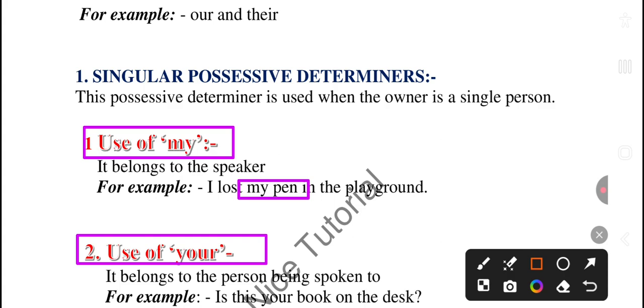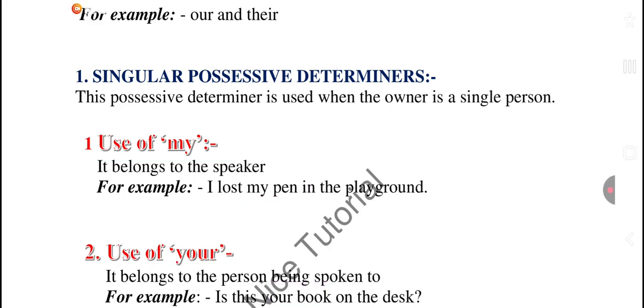For that person, we use the possessive determiner your. For example, is this your book on the desk? Here, your is acting as a possessive determiner and book is a noun.